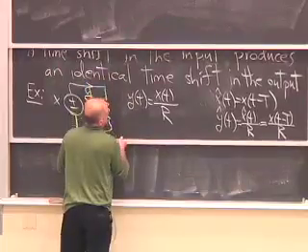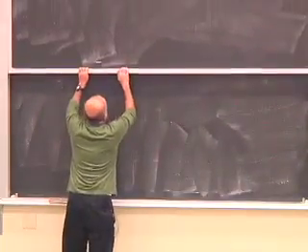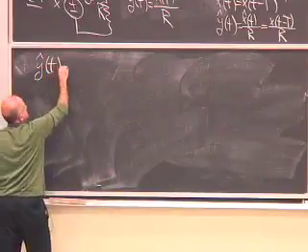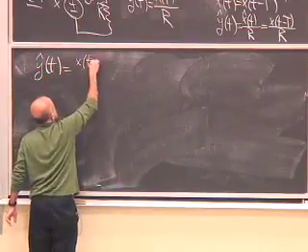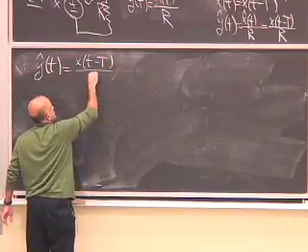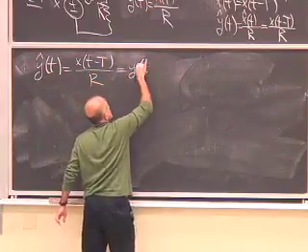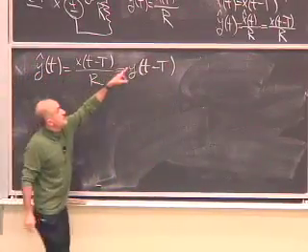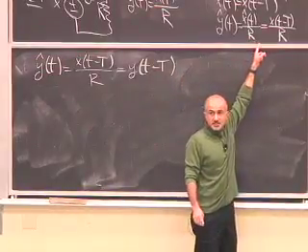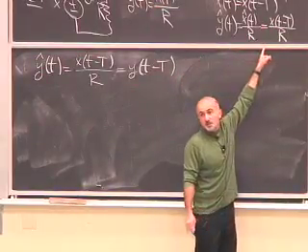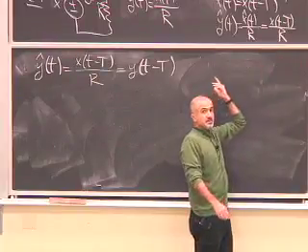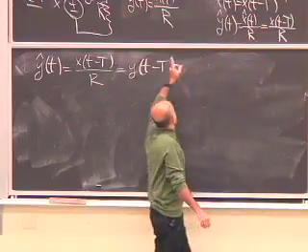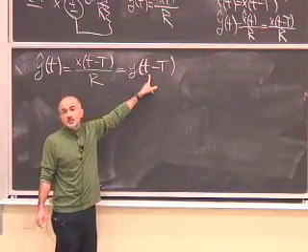Shifted by capital T. So Y hat of t, which is X of t minus capital T over R, is equal to Y of t minus capital T. In other words, shifting the input signal, this is not necessarily a delay. It can be an advance depending on the sign of capital T. If capital T is negative, that means we're advancing the input signal. But a shift in the input signal created a corresponding and identical shift in the output signal.